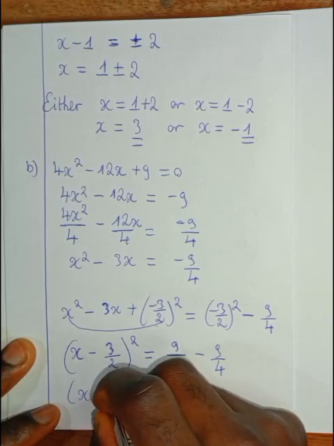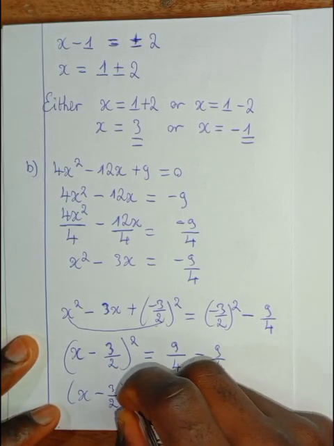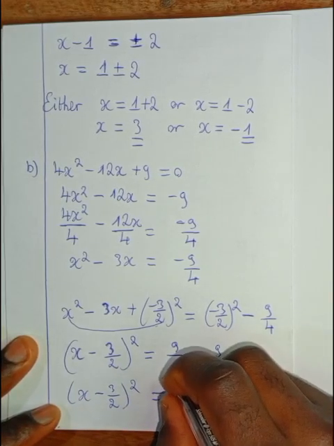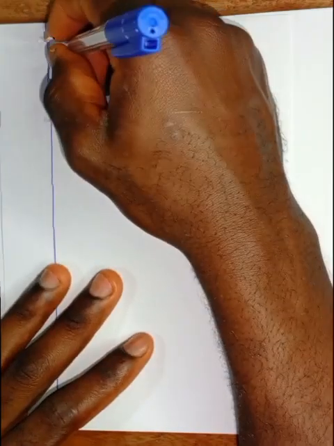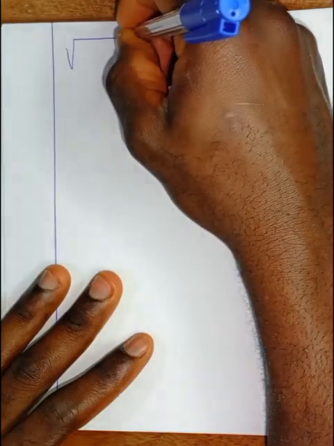This will give us x minus 3 over 2 squared is equal to 9 over 4 minus 9 over 4 gives us 0. Next, we are going to take square root on both sides.